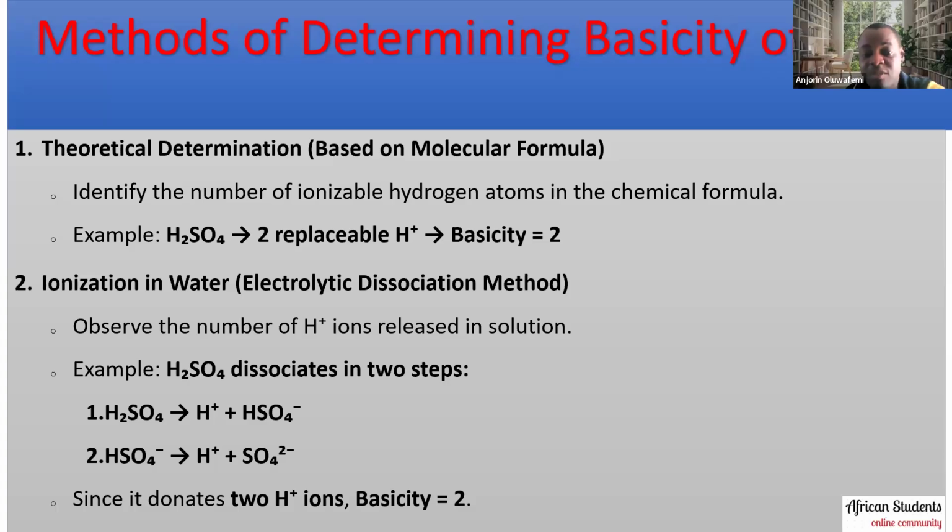Then that dissociates further to produce another hydrogen ion and SO4 2 minus. Since it donates 2 hydrogen ions, the basicity of H2SO4 is 2. So based on ionization in water, we can determine the basicity of an acid.